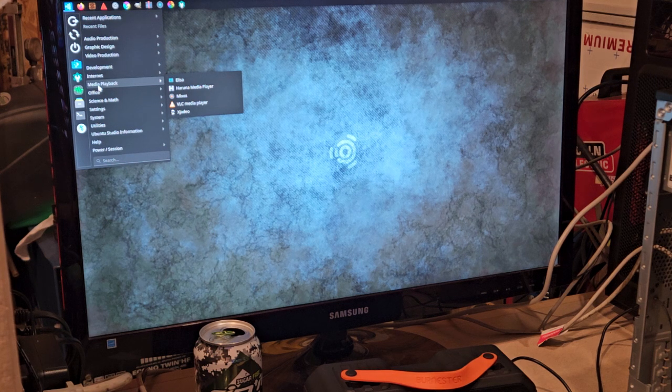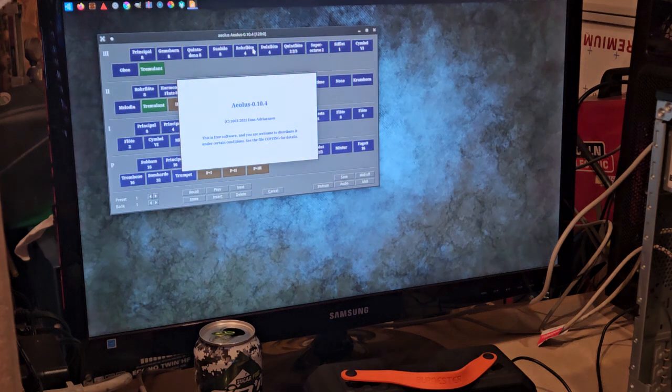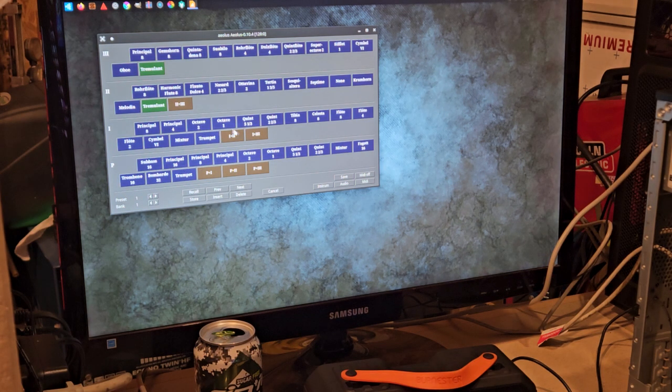Oh man, there's something in the air in here. Let's try this instruments thing. Okie dokie.